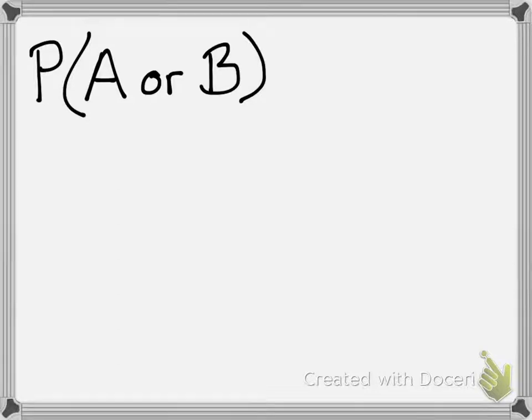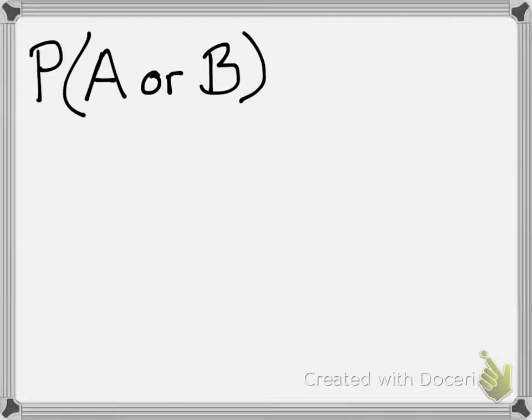And if we have the word or between it, I want to find the probability of event A happening or event B happening. And there are some instances, depending on our situation, depending on our scenario, both events A and B could happen at the same time, or they could happen individually without the other.